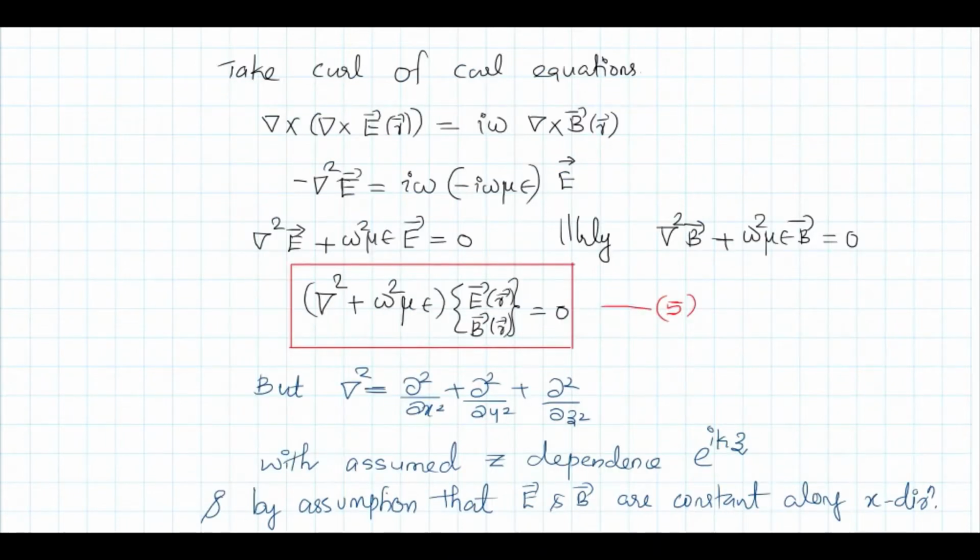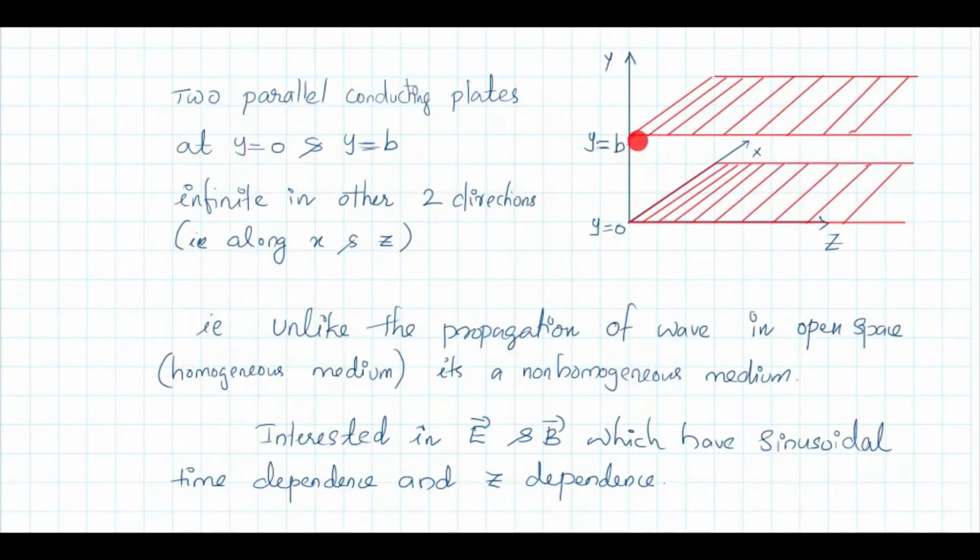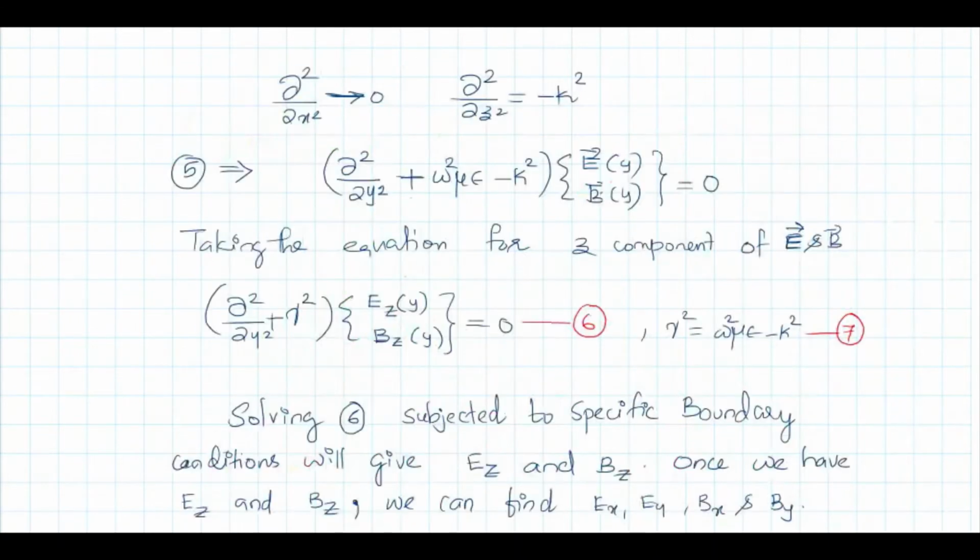If there are two boundaries at say x equal to 0 and x equal to a, then this will be a function of x and y. That is the case with a waveguide, a rectangular waveguide or a cylindrical waveguide. In that case, it is a non-homogeneous medium both in x and y direction. But this parallel planes is non-homogeneous only in the y direction. That is why this E and B depends only on y.